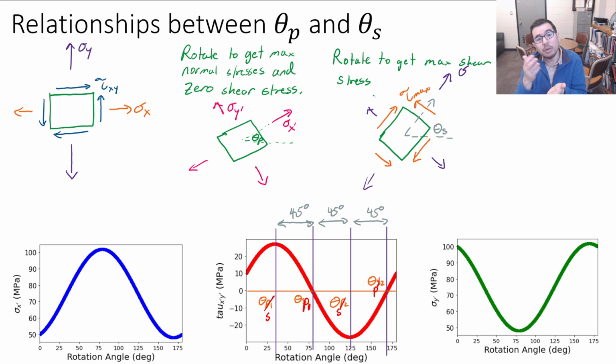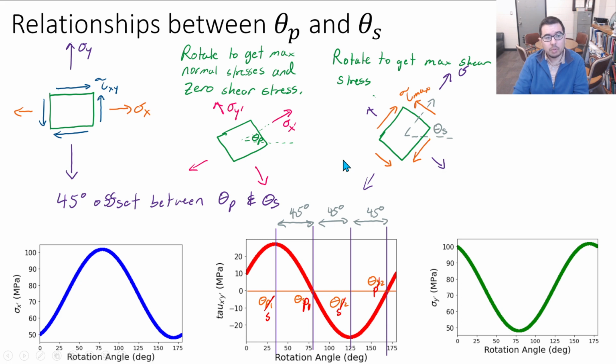And then how can I calculate them? That's kind of the point of what we're doing here, to get a mental picture that something might have a combined state of stress, but if I can simplify it into shear and normal components that are most relevant, then I can predict whether failure will be happening.